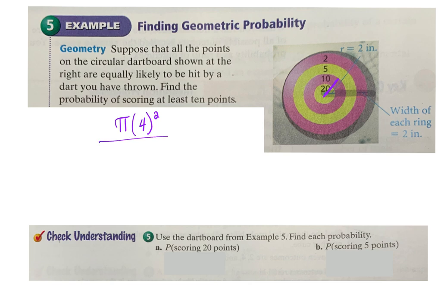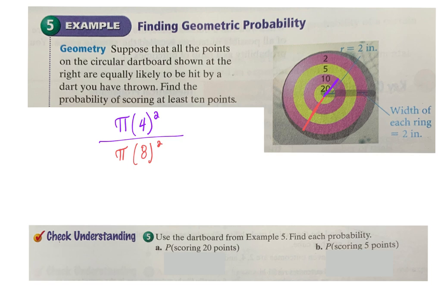And I'm going to put that over the entire circle. Well, what's the radius then of my entire circle? Yeah, it's going to be 8, right? Everybody agree with that? So I want to say, well, if I want 2, 4, 6, 8, so pi times 8 squared, right? Everybody agree with that? That would be my probability.